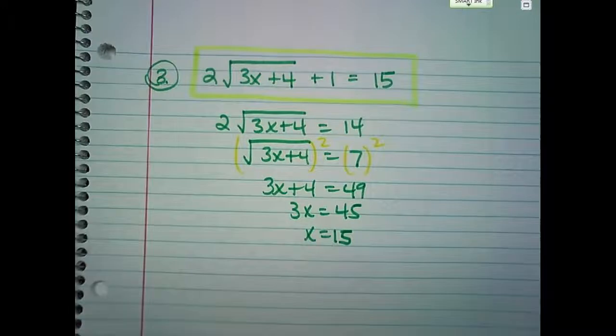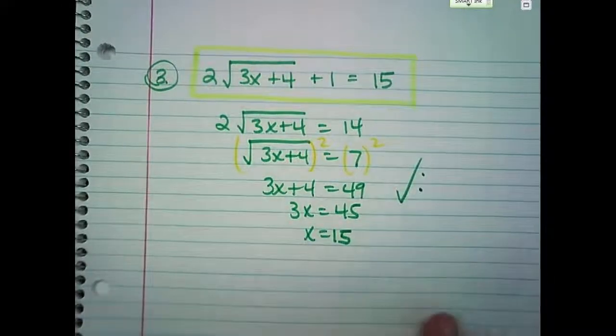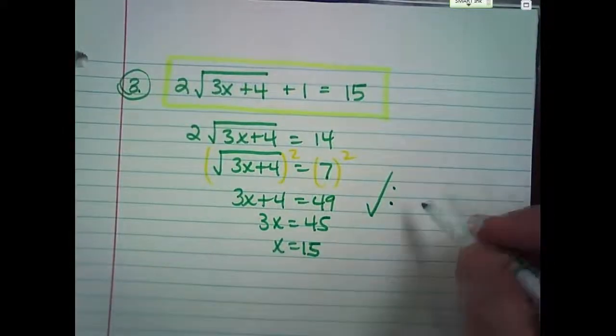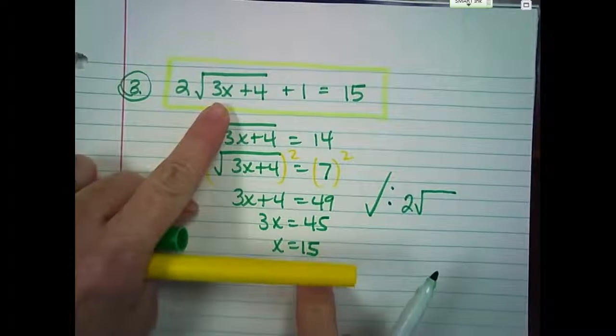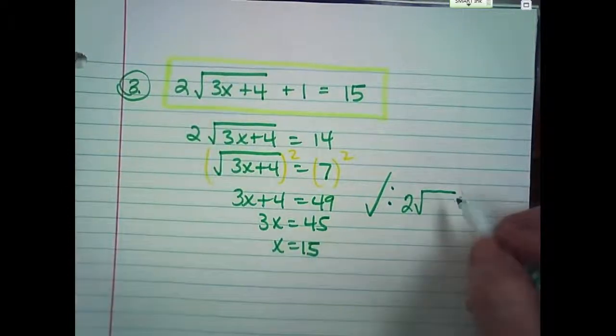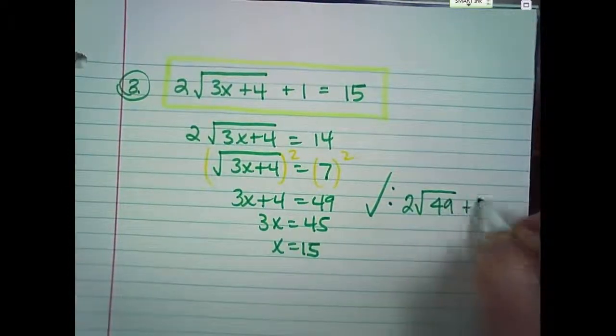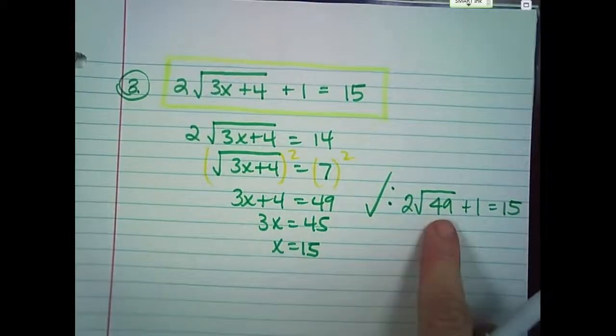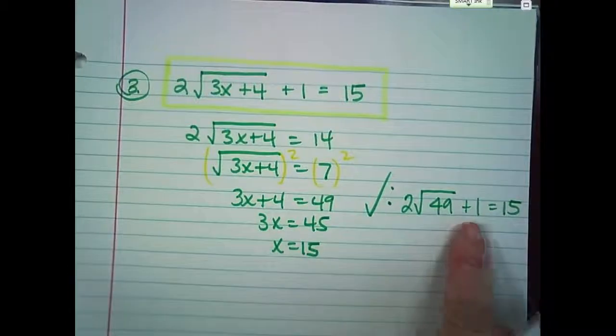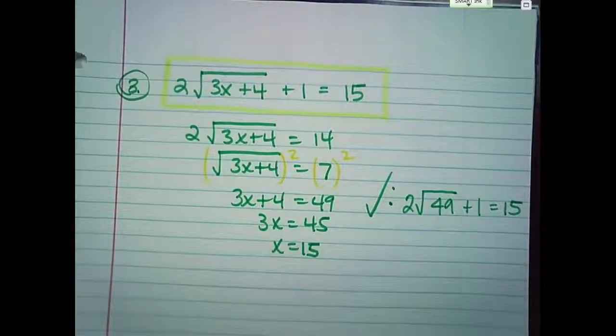And check your answer. We're going to take 2 times the square root of 15 times 3, which is 45. So the square root of 49 times 2 plus 1 should be 15. Does it work? 7 times 2 is 14. 14 plus 1 is 15. Yes, you're right.